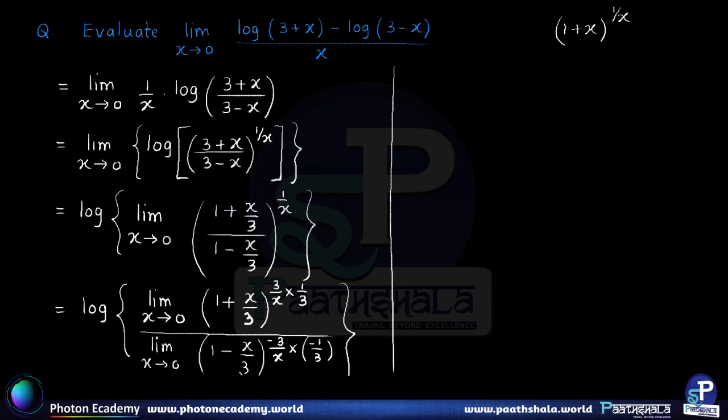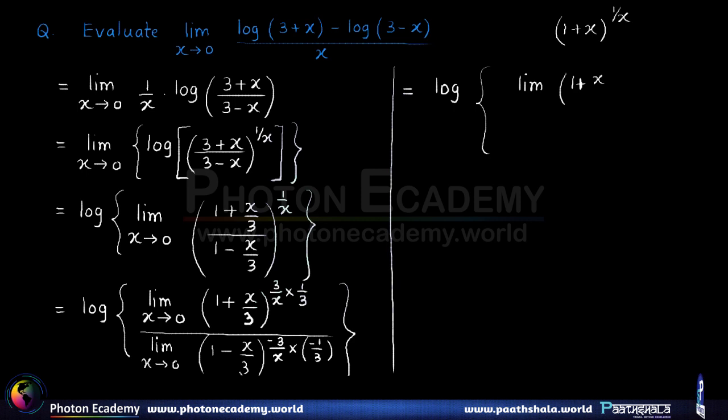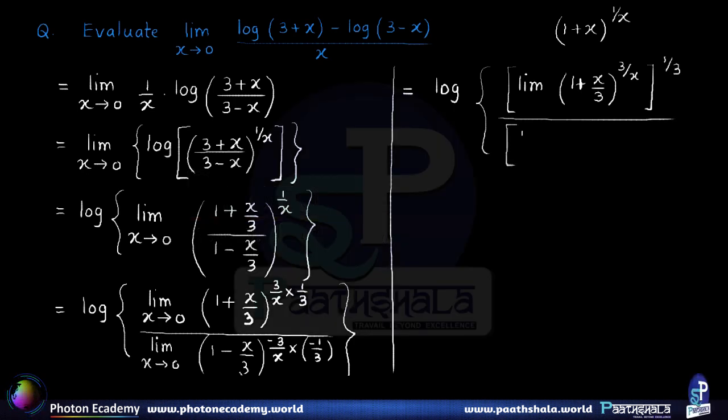So that gives us log. So here writing that as limit of (1 plus x by 3) whole raised to 3 by x, and this entire quantity raised to 1 by 3 divided by the limit in the denominator, which is limit of (1 minus x by 3) whole raised to minus 3 by x, and this limit is raised to minus 1 by 3.